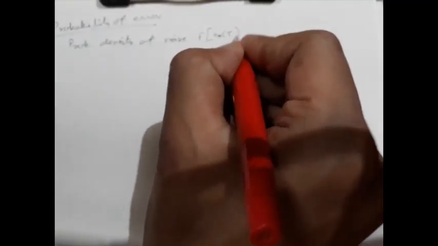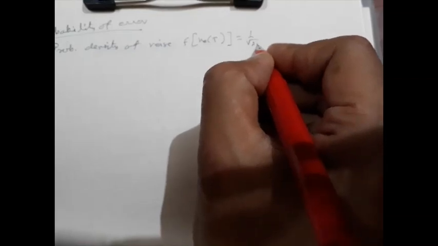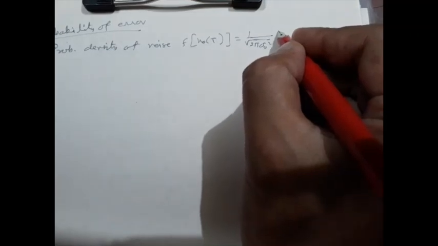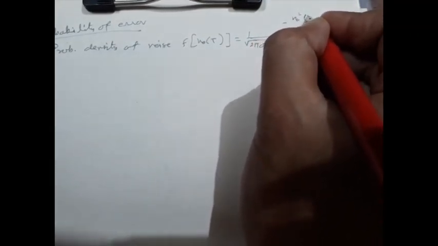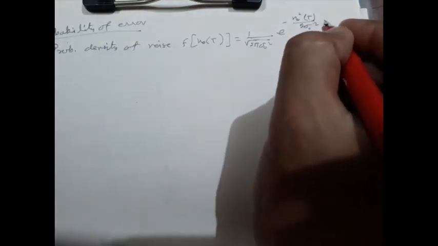Probability density of noise f(n0(t)), assuming it is Gaussian in nature, we can write 1 by root over 2 pi sigma 0 square, exponential minus n0 square (t) by 2 sigma 0 square.